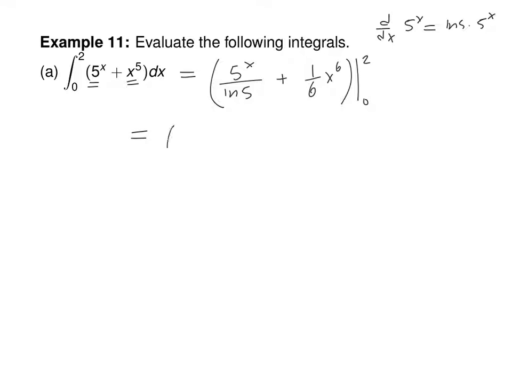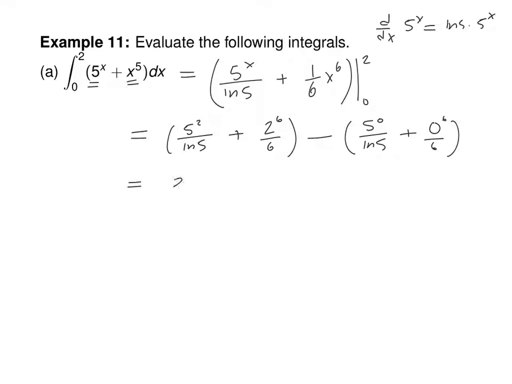Okay, so that's going to be 5 squared over ln 5 plus 2 to the 6th over 6 minus 5 to the 0 over ln 5 plus 0 to the 6th over 6. Okay, so that's 25 over natural log 5. What is 2 to the 6th? 64.